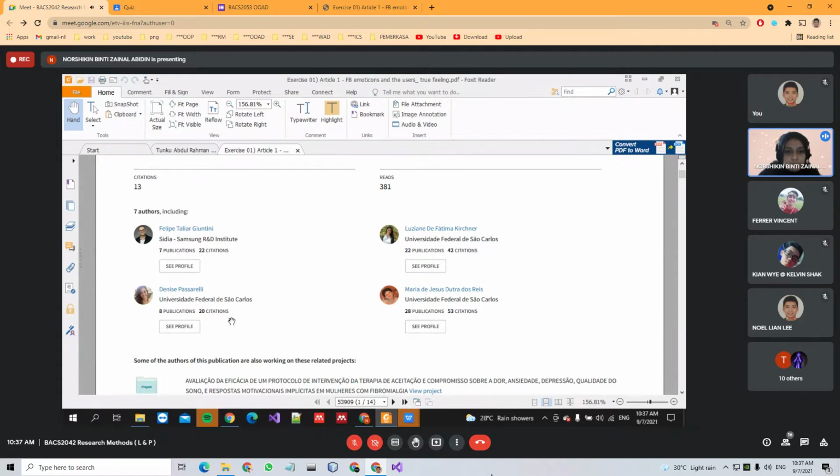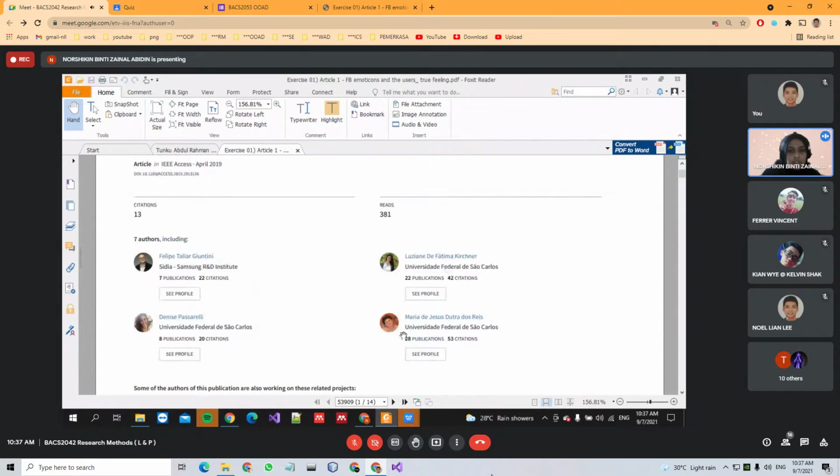So here you can see there are 7 authors, but they only state 4 authors here. So this is the author section. Usually they will give you the name of the author, and then they will state where they are from.